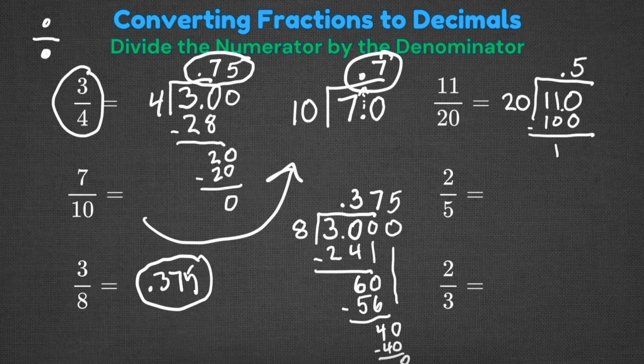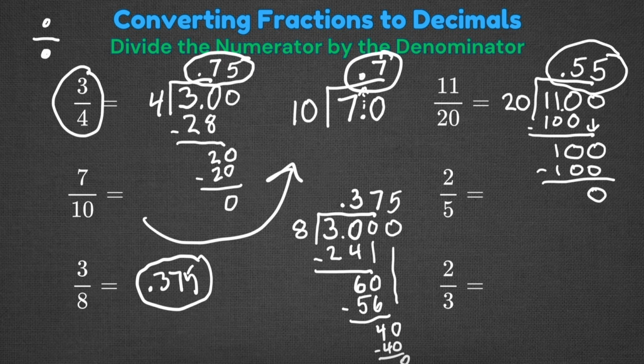And I have 10 left over. I'll put another 0 up here to bring down. Now, how many times does 20 go into 100? That would be 5. 5 times 20 is 100. And 11 over 20 is 55 hundredths, or 0.55.